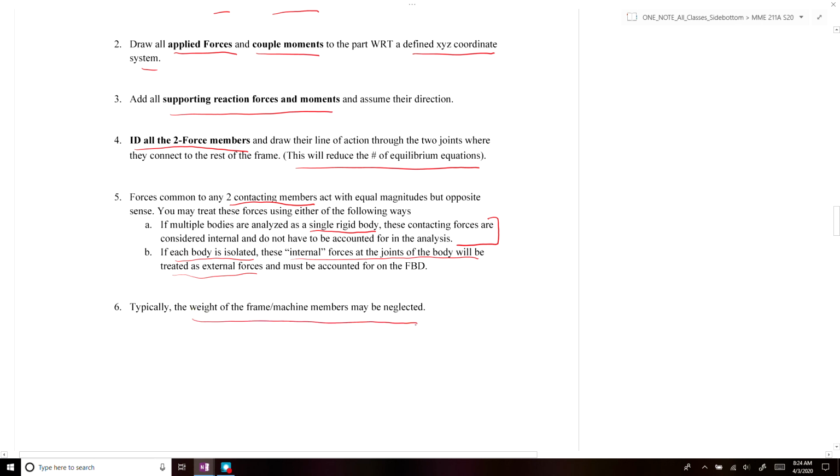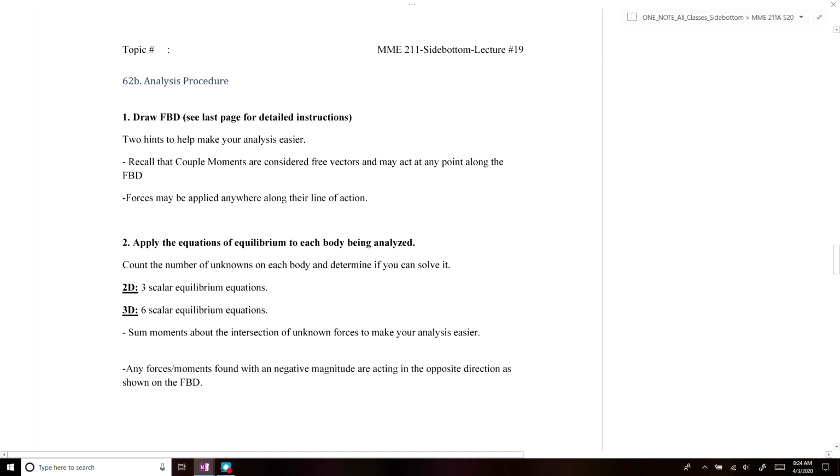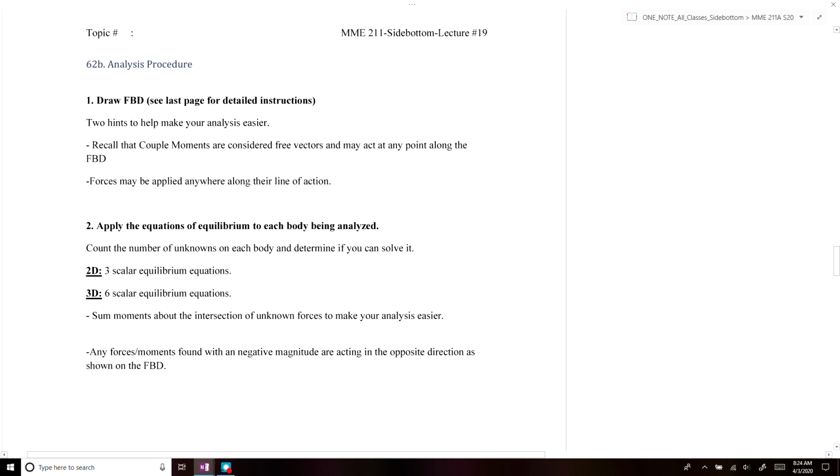All right. So the next thing is, once you have your free body diagram drawn, you then just apply your equilibrium equations.